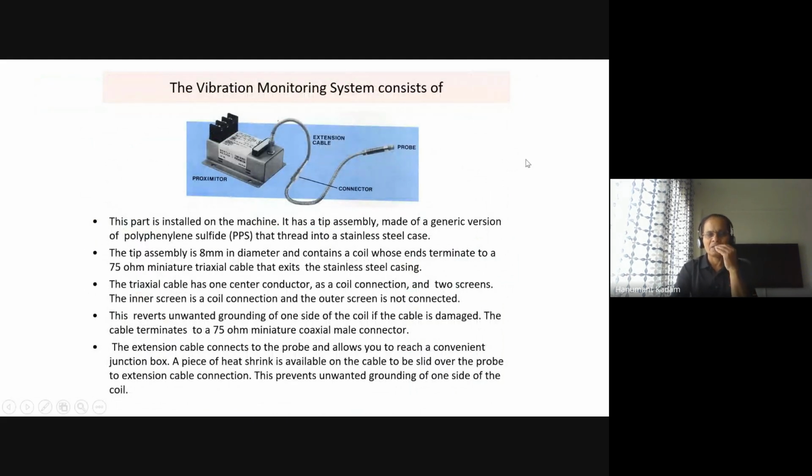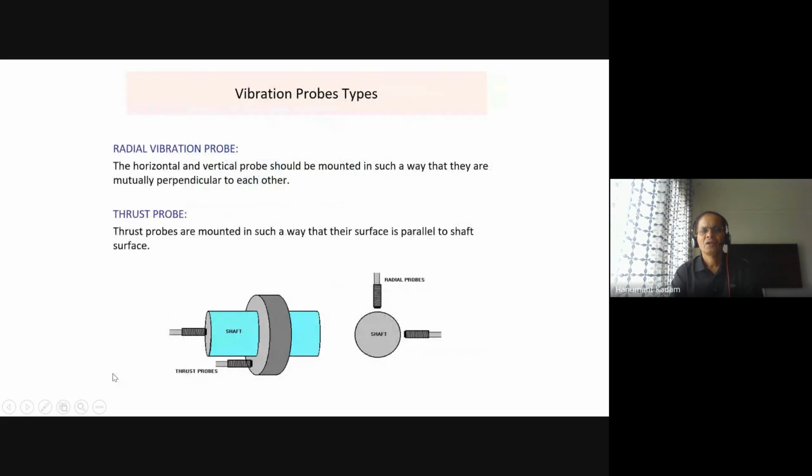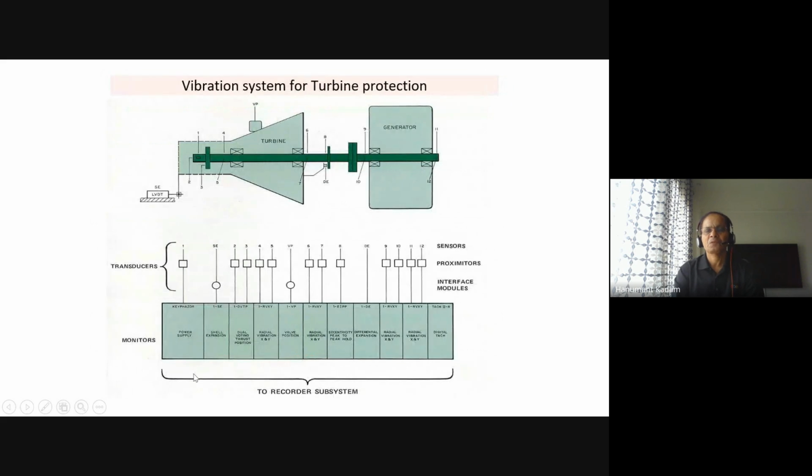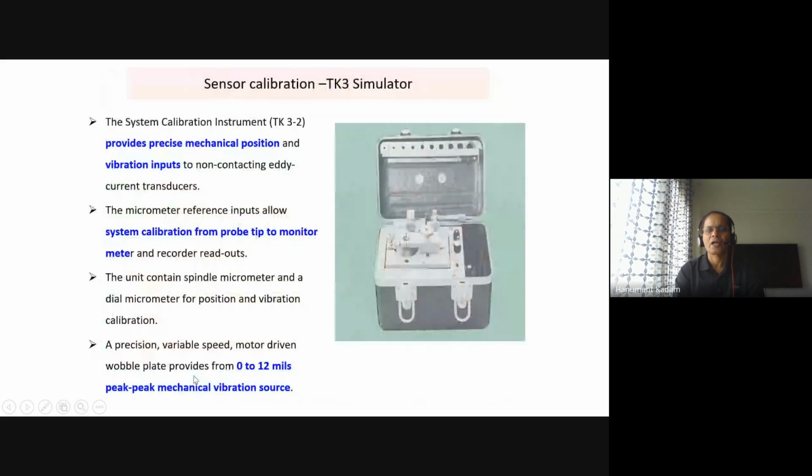Yesterday I was with the sensor proximeters. This is the actual vibration sensor probe, and this is the proximeter. In that there is the electronics like we saw yesterday, the demodulator and oscillator. We have seen a few slides on this, and this is a simulator for simulating the probe, because this is a very precise probe and it requires minus voltage.